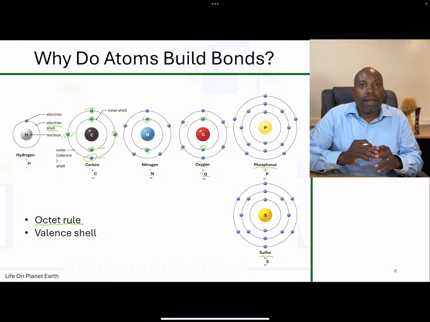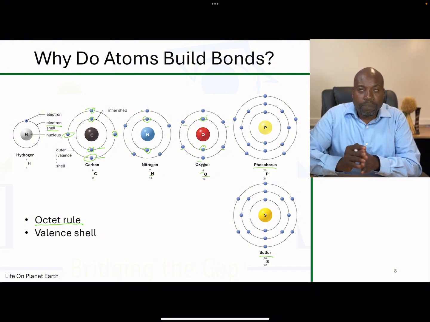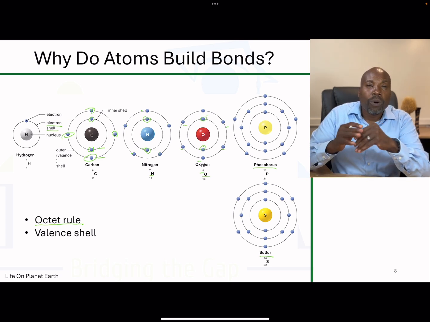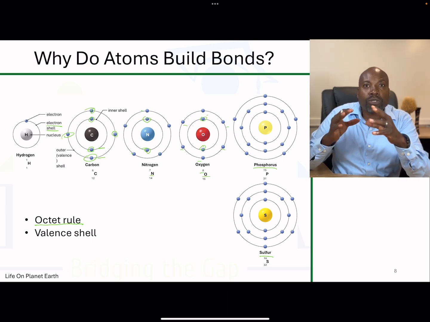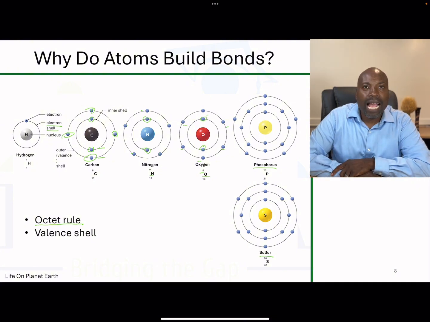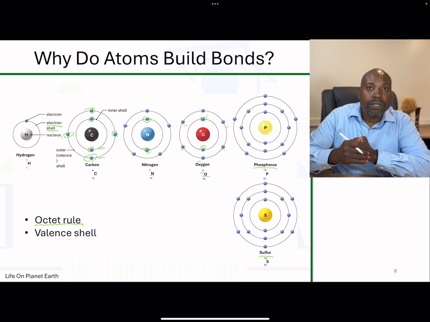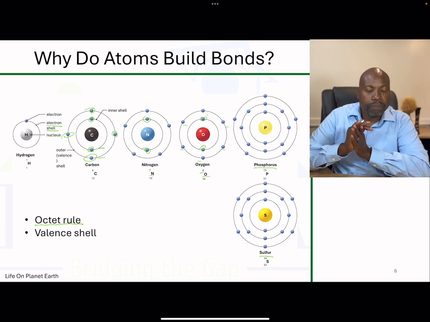However, there are other elements that have their outermost electron shell filled. When they have this outermost electron shell filled, these elements and their atoms are said to be unreactive. This is the case, for instance, for neon, okay, to name only that guy.